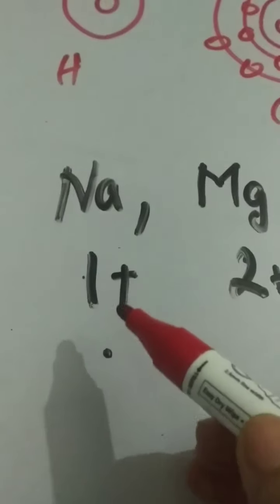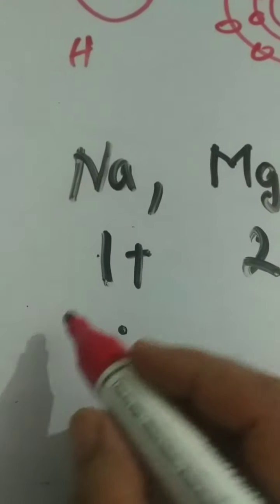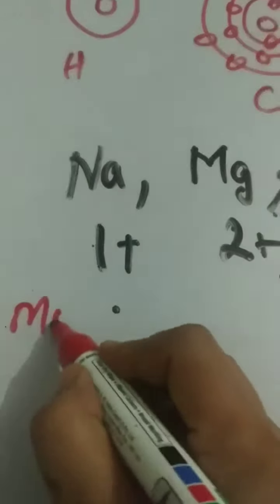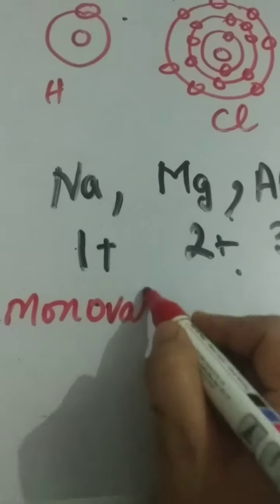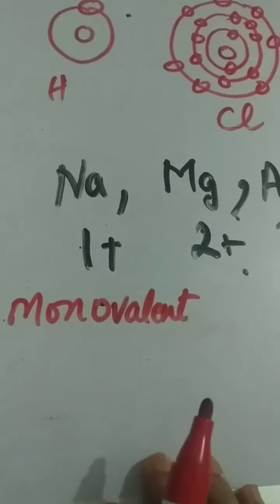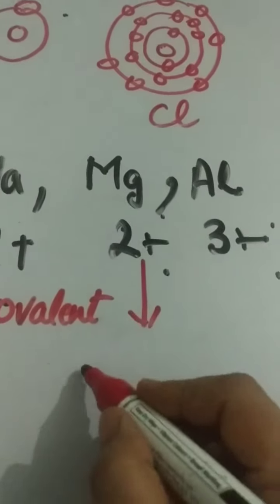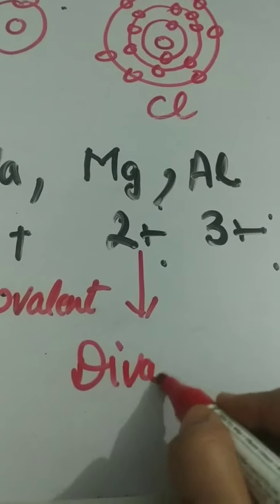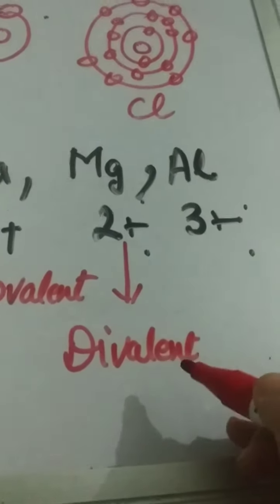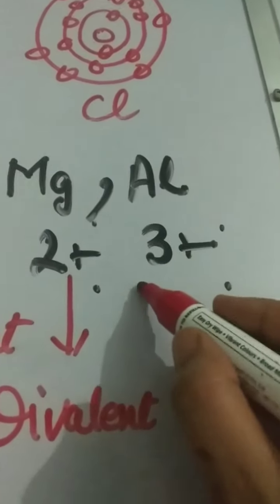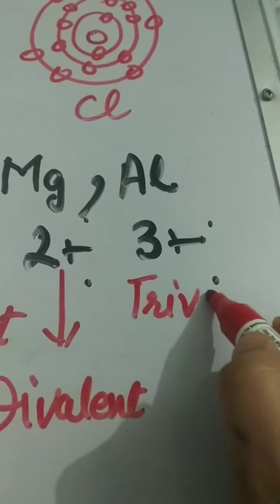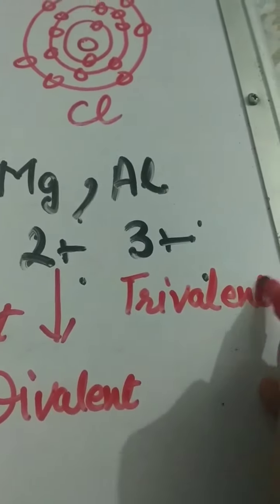An element with valency 1, we call such an element monovalent. An element with valency 2, we call it divalent. With valency 3, we call it trivalent.